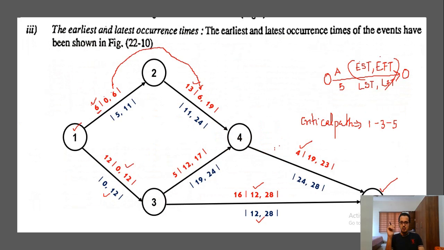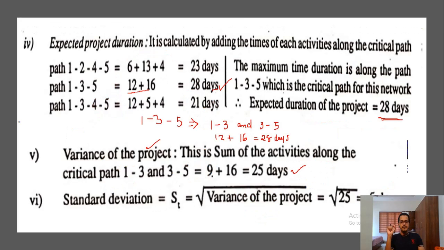Then you get the values of EST, EFT, LST, and LFT, and based on that you identify the critical path. From the critical path, you take the sum of the variances of the activities lying on the critical path, and you get the variance of the project. That's mentioned in step 5.